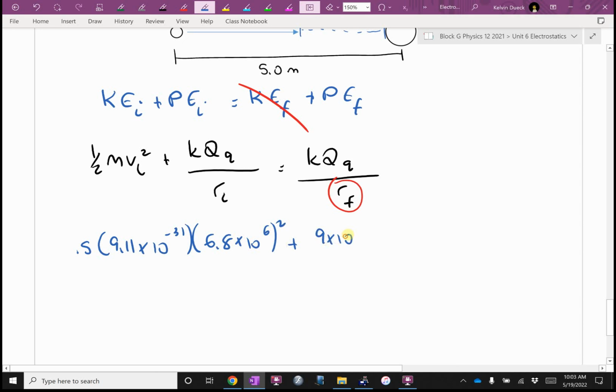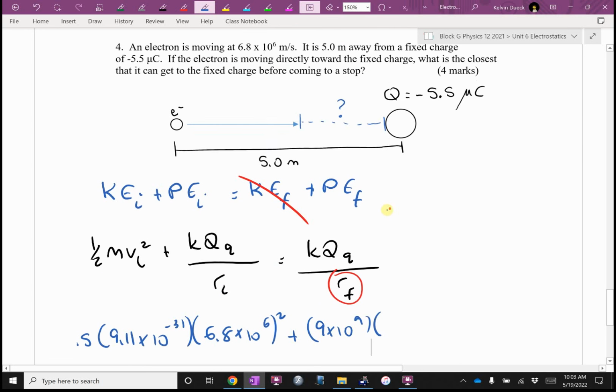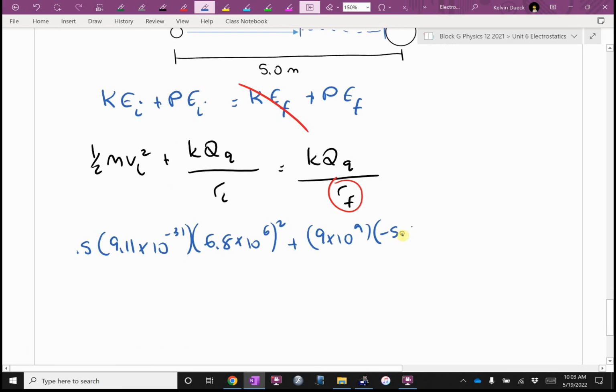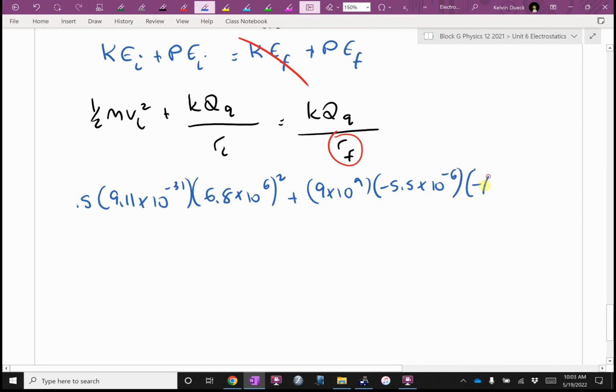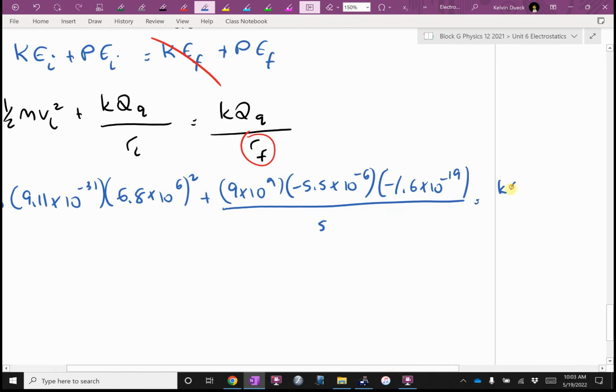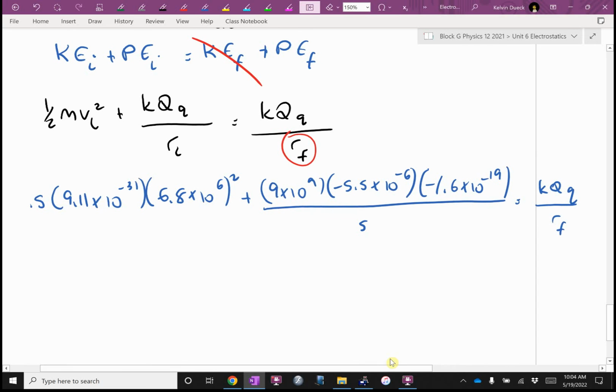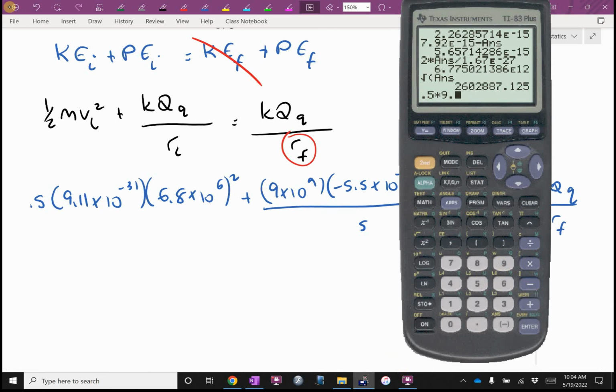plus 9 times 10 to the 9th, negative 5.5 times 10 to the negative 6th. It's an electron, negative 1.6 times 10 to the negative 19, all divided by 5. That equals k, big Q, little q over r final. 0.5 times 9.11 times 10 to the negative 31 times 6.8 times 10 to the 6th, don't forget the squared.